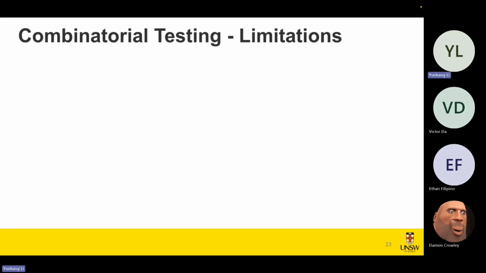And we know that combinatorial testing has the advantage of being able to systematically cover the different interaction levels for input parameters without exhaustively trying out all the possible combinations, right? So we can use some representative values by constructing the covering array. So that's the advantage. But what are the limitations of combinatorial testing?